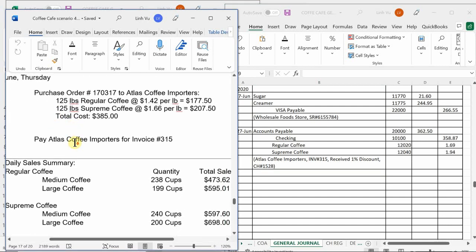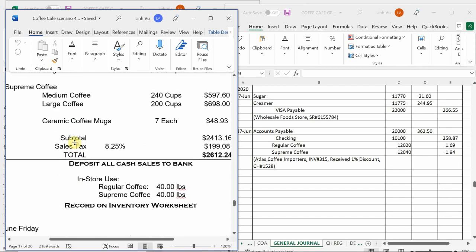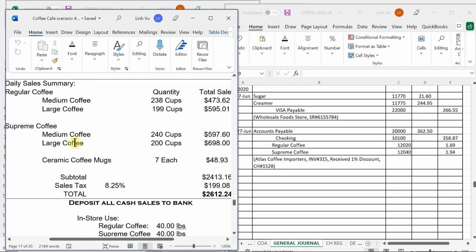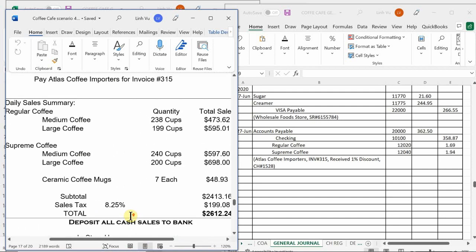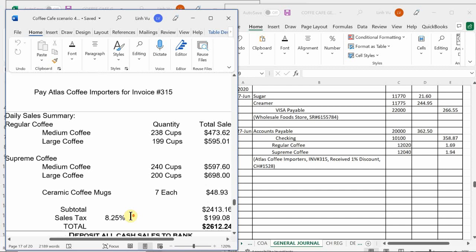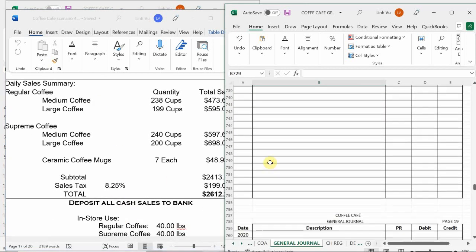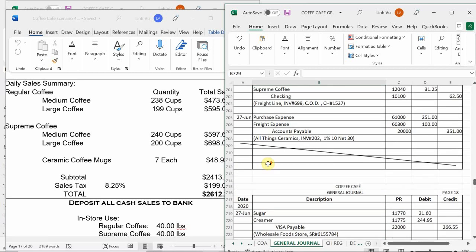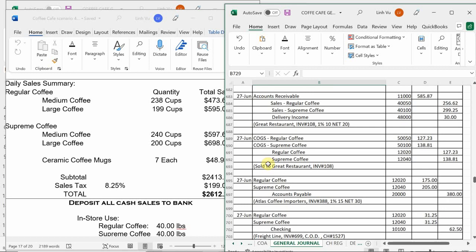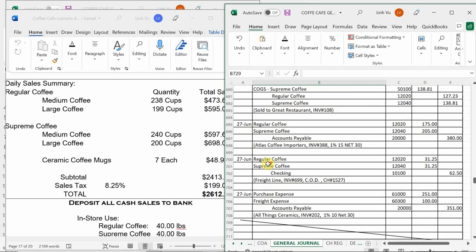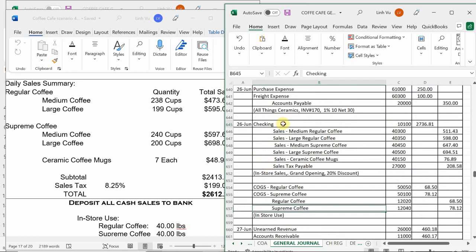All right. Last but not least, for the day of the 27th, I have to record my daily sales. Page 18 has definitely plenty of space for you to record your daily transactions, your daily sales. Let me find it. Here it is right here.